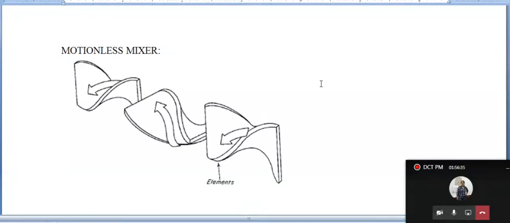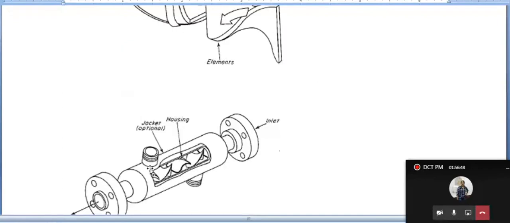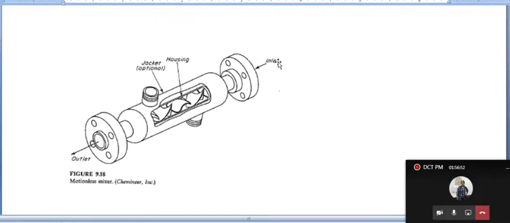Now like this you make n number of elements, and these elements are introduced into the setup. This is the inlet gas where A and B will go inside, and we have elements here which are not at all moving.